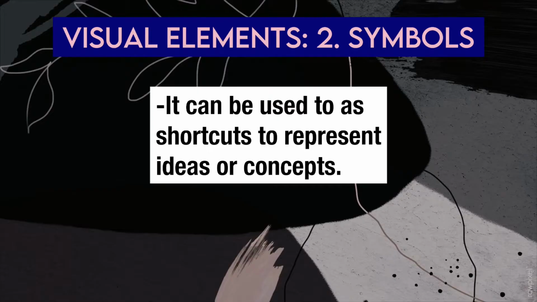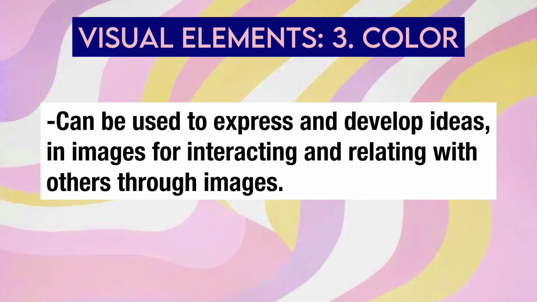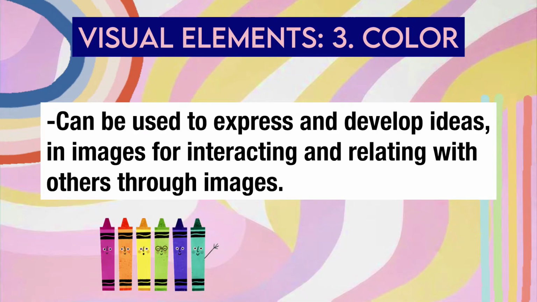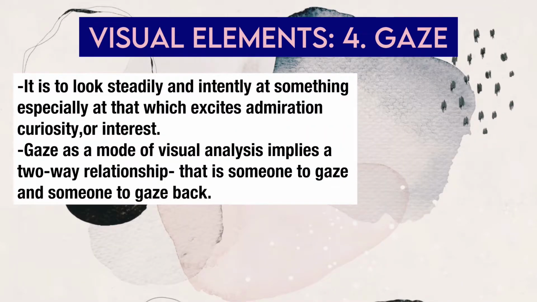Number 2, symbols or signs. It can be used as shortcuts to represent ideas or concepts. Number 3, color. It can be used to express and develop ideas in images, for interacting and relating with others through images.